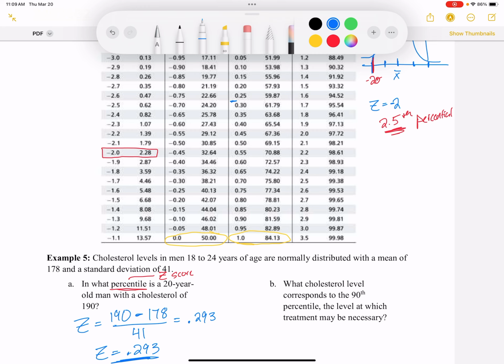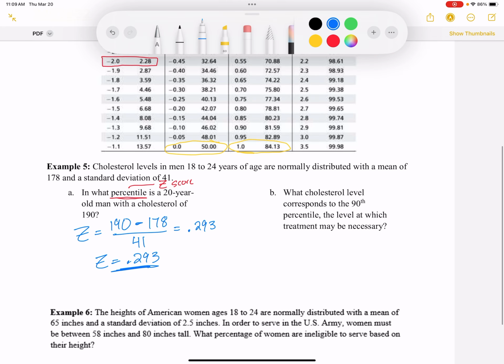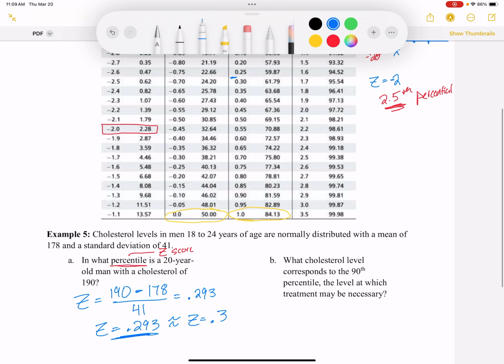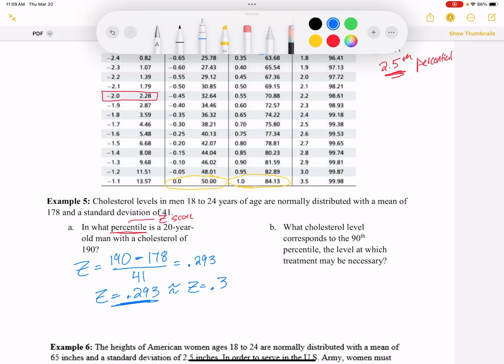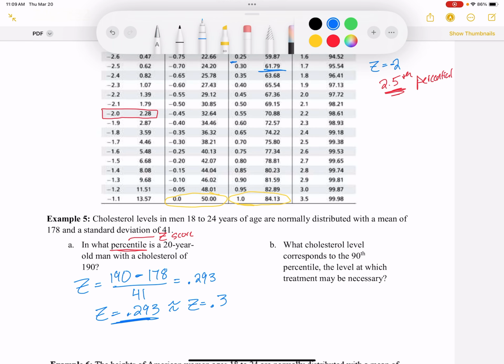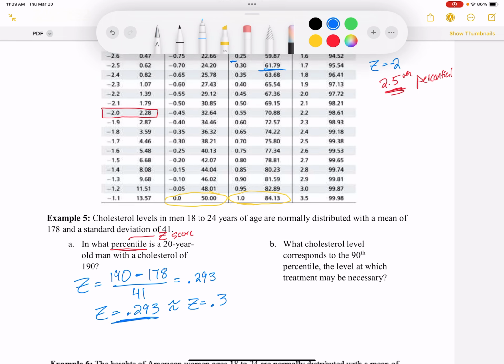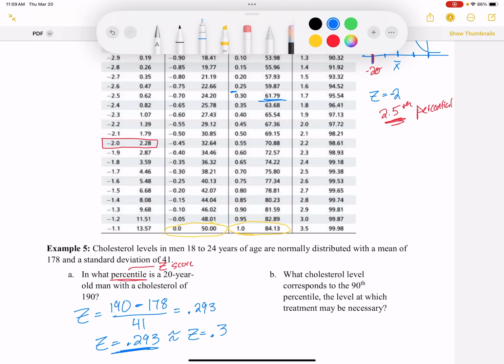I'm going to just call it approximately z is equal to 0.3. So we're saying 61.79% of the data lies below that.